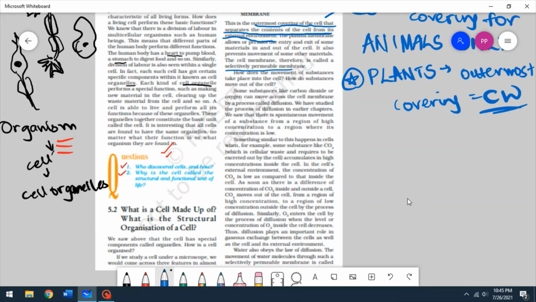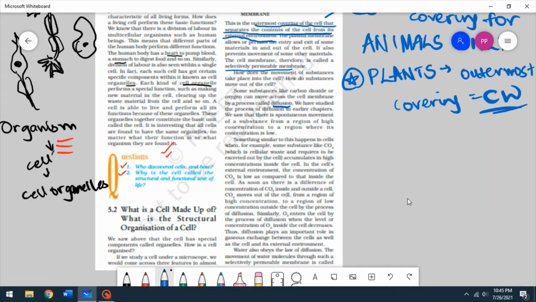So how does the movement of substances take place into the cell, and how do substances move out of the cell? Some substances like carbon dioxide or oxygen can move across the cell membrane by a process called diffusion. Later in this chapter or the next, there are a few more categories like diffusion that we will study, but not to worry, we will take one step at a time.